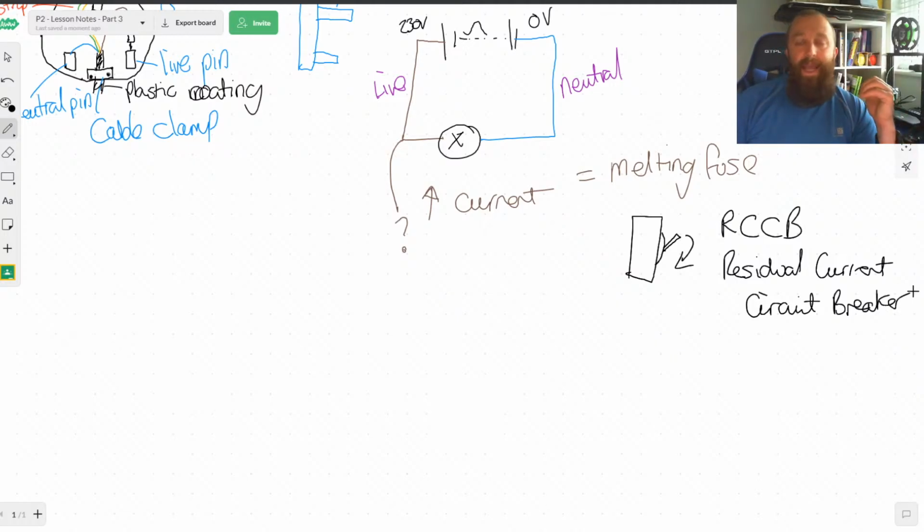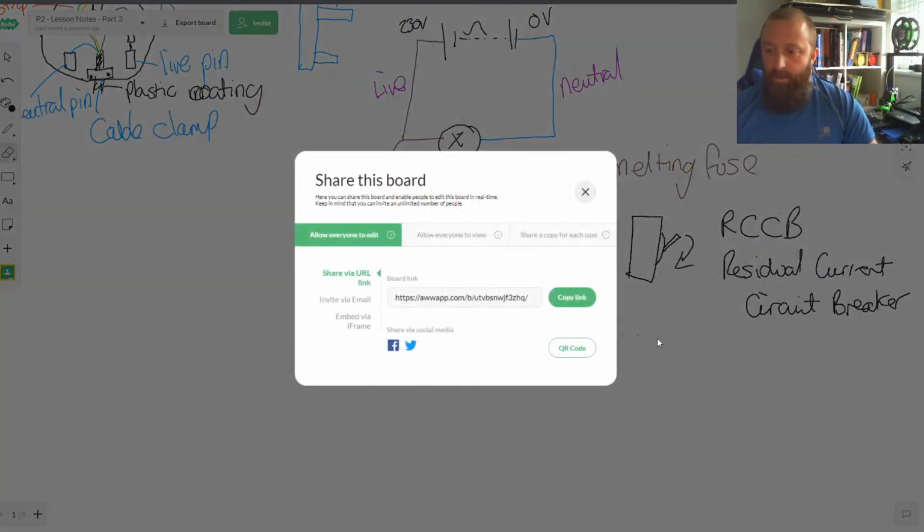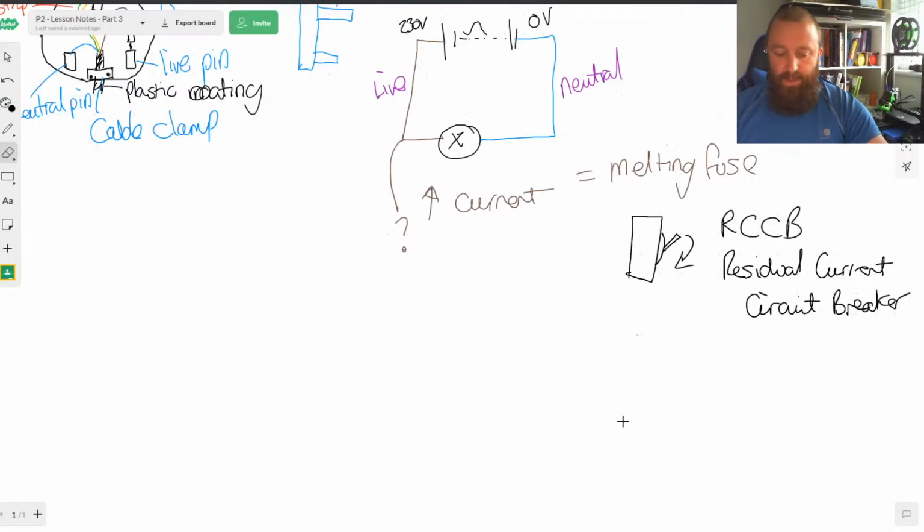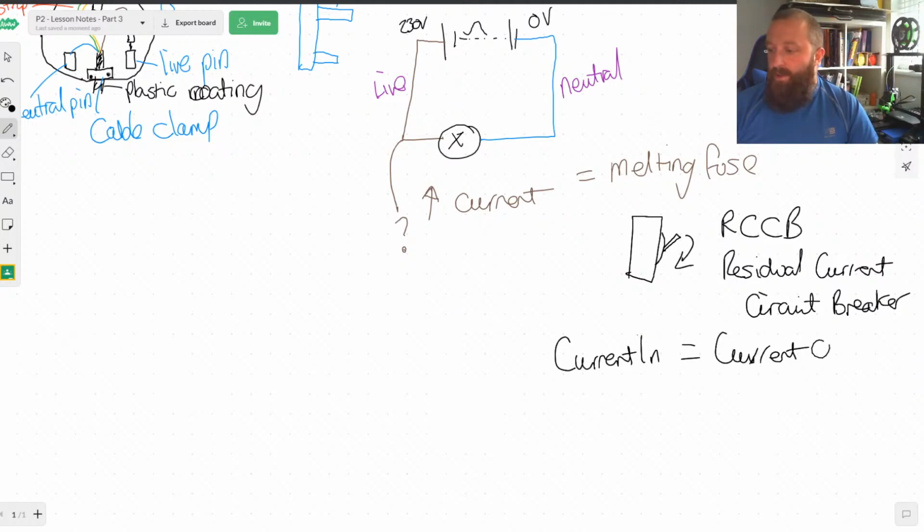And what they do is they measure the current coming in equaling the current out. And as long as those values are the same, our circuit switch stays up.